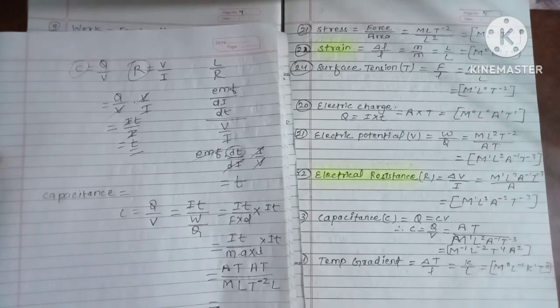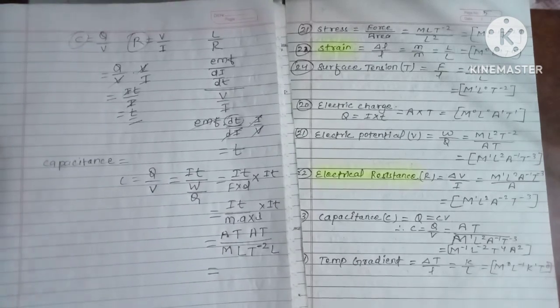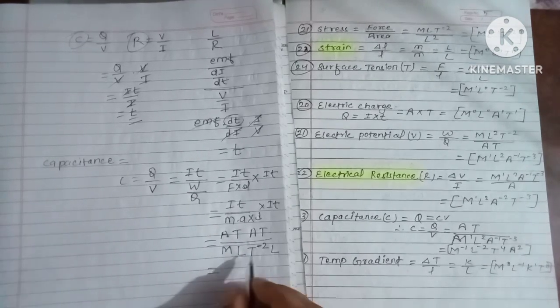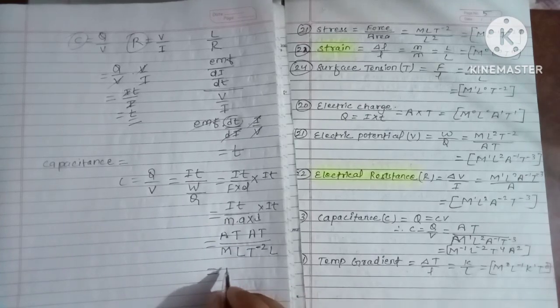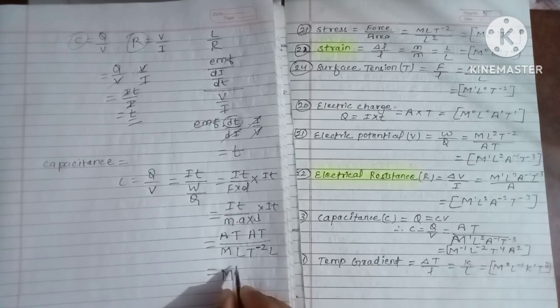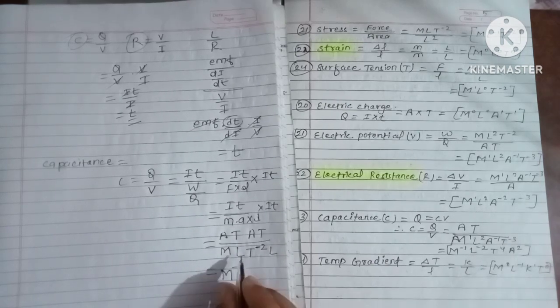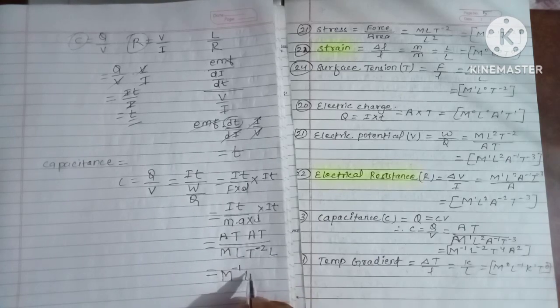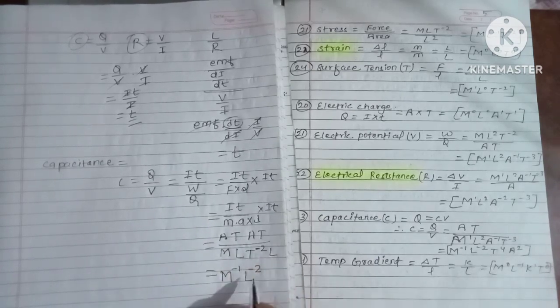So we can write it like this. Now it will become mass to the power -1. There are two L in the denominator, so it will be L to the power -2.